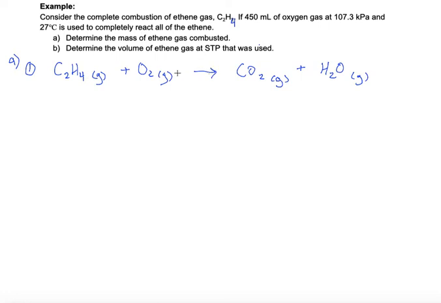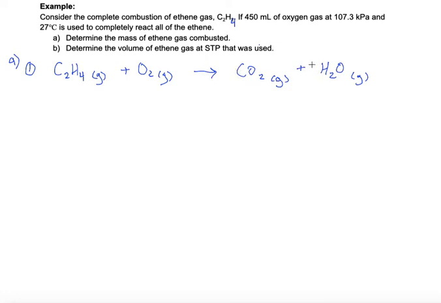And to balance it, if I were to work through this, I am likely going to need 2 carbons here, and then 2 hydrogens there. That gives me enough that I can probably do a little bit of work here, right?